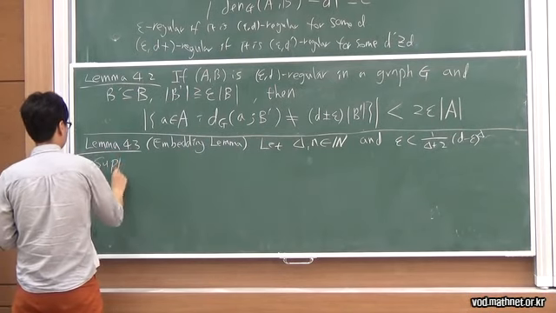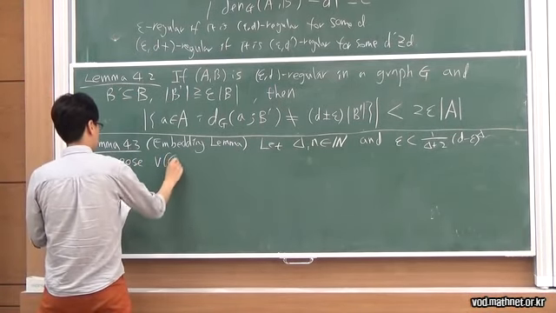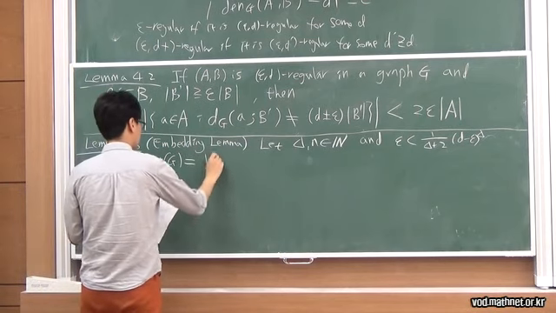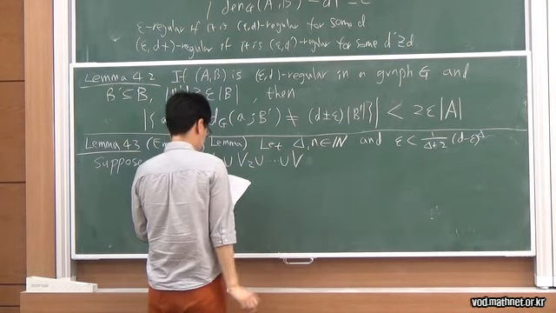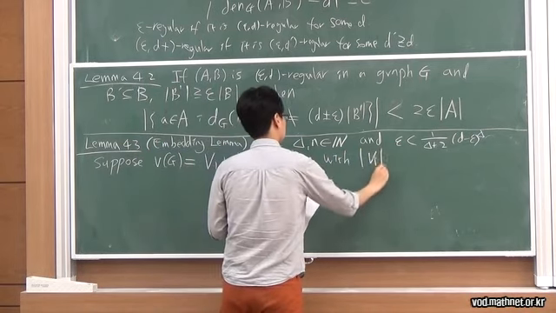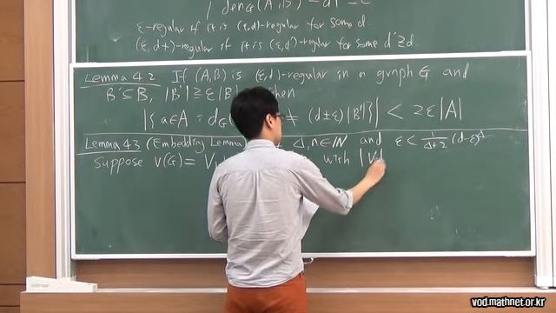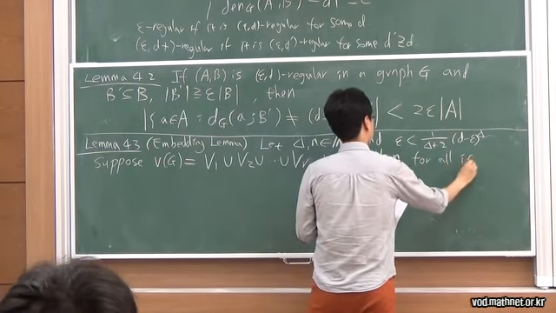Then we suppose that the vertices of G are partitioned into V1, V2, up to V sub R, and each V sub i has size n for all i.